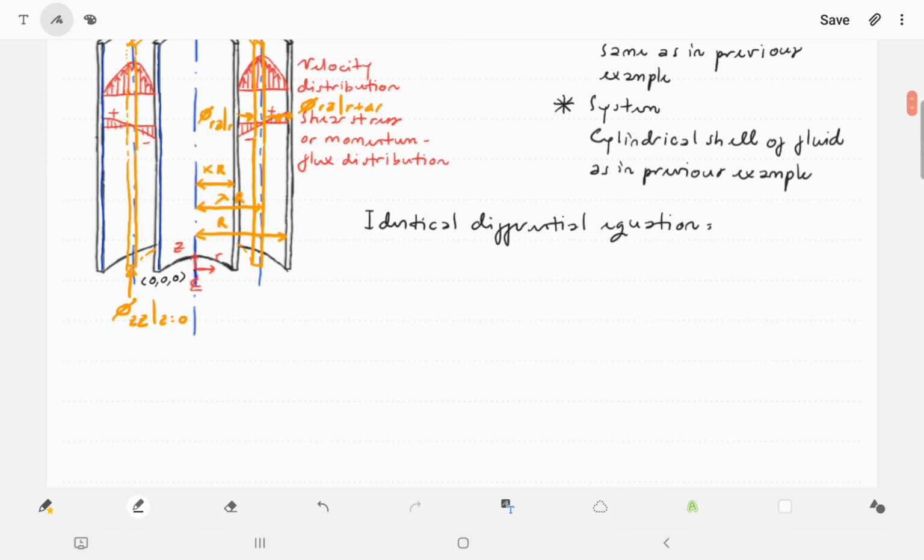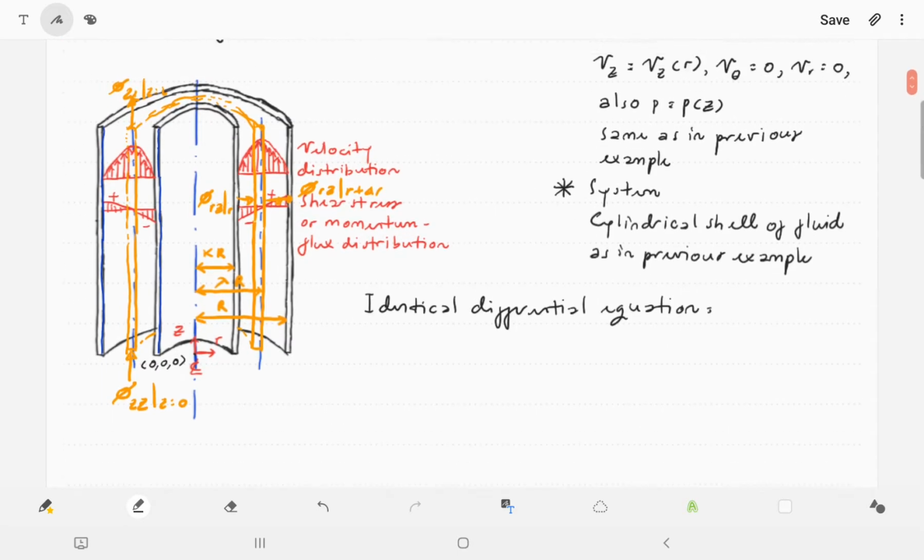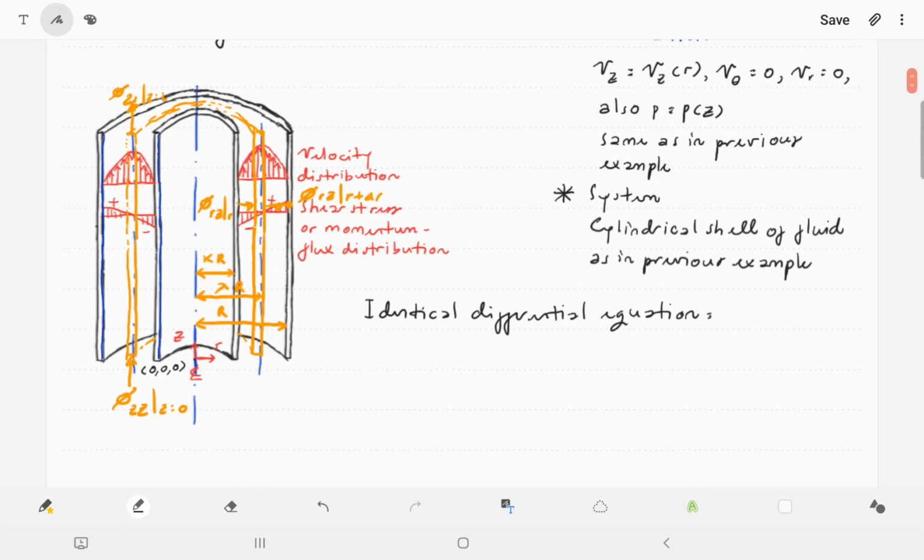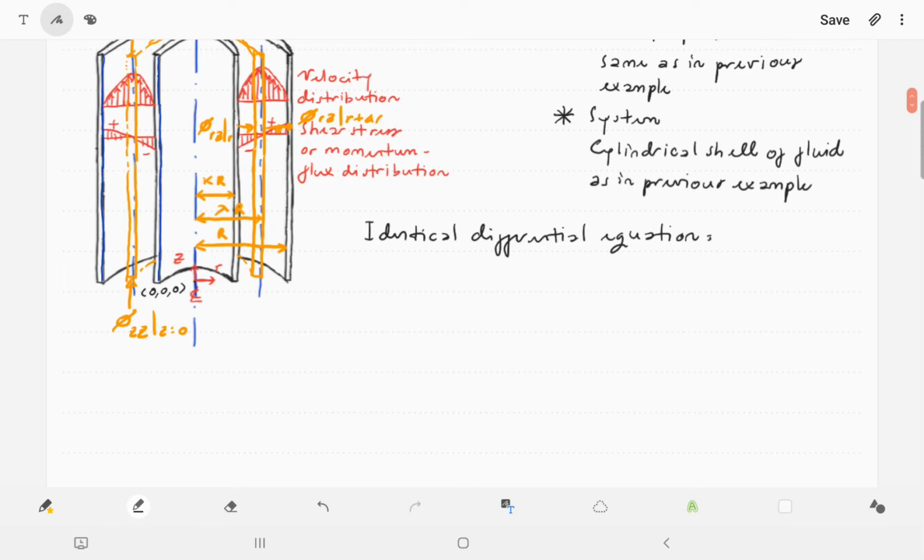So without repeating the steps of the derivation for this particular shell element, if we just go into the final result of the differential equations, it has the same form as the one that we derived in the previous example.